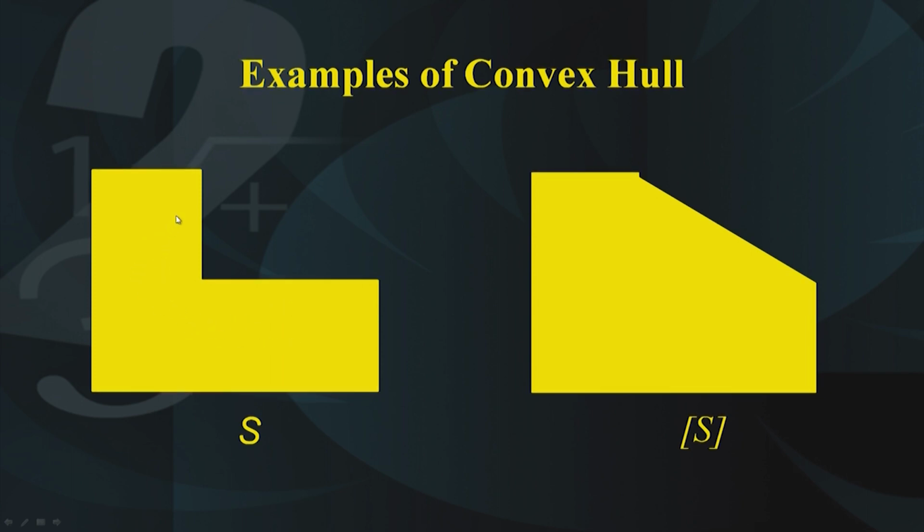S is not a convex set, because if you take 2 points over here and you join the 2 points, then the line segment joining these 2 points will not lie completely in the set S. So, according to the definition of convex hull, this is what the convex hull will look like. It consists of this entire region, and you can very well see that this convex hull is a convex set.